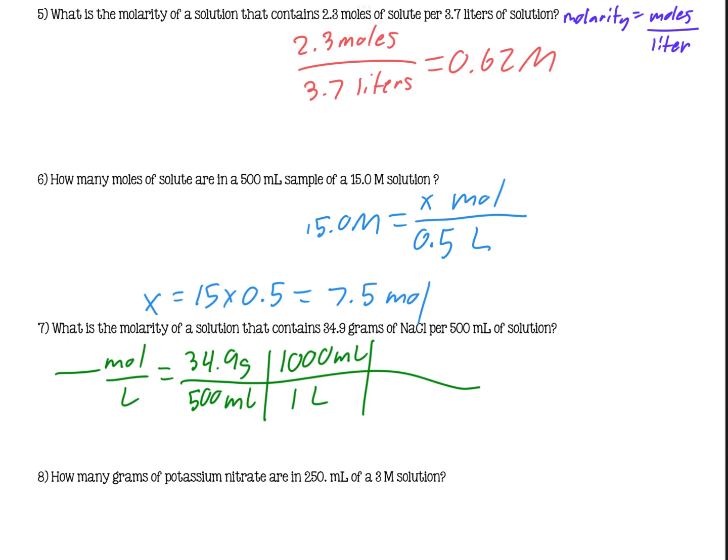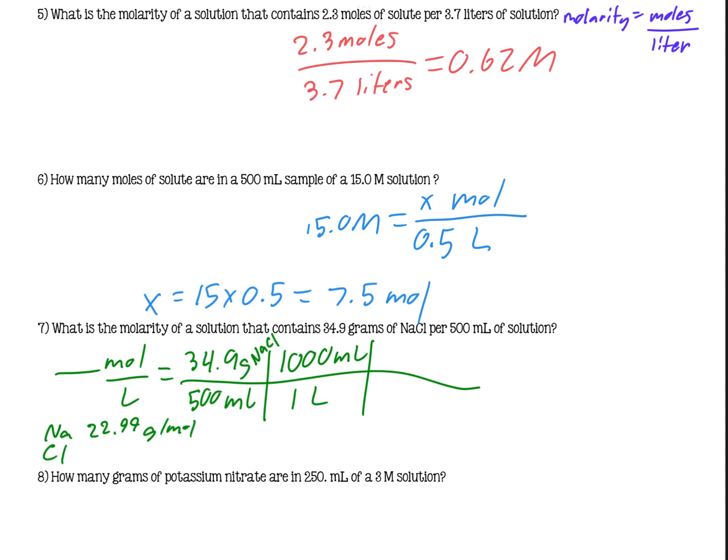Next, we need to convert grams of NaCl to moles of NaCl. To do that, we will need to use the molar mass. Sodium has a molar mass of 22.99 grams per mole.